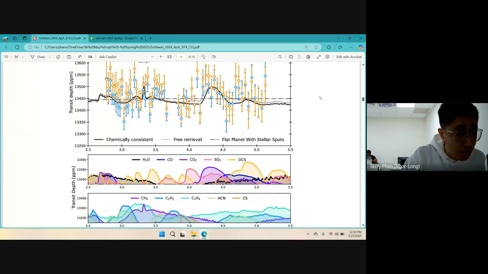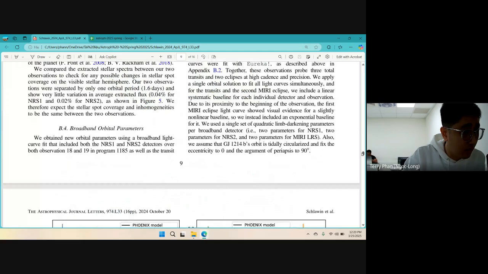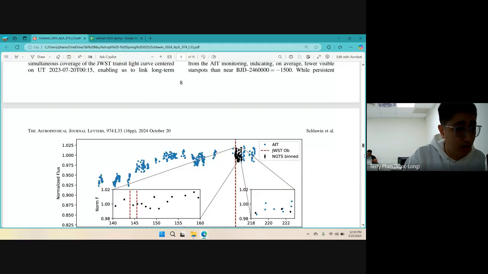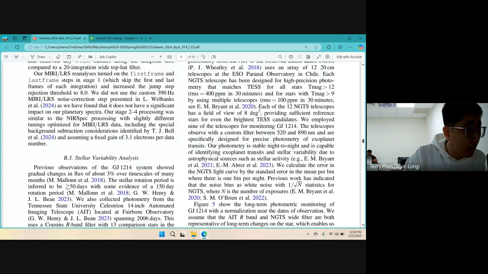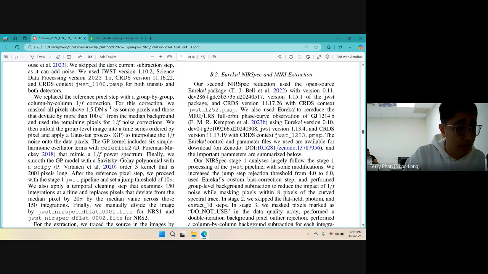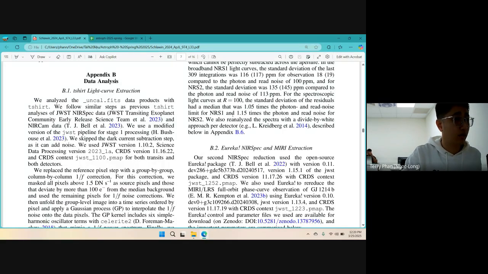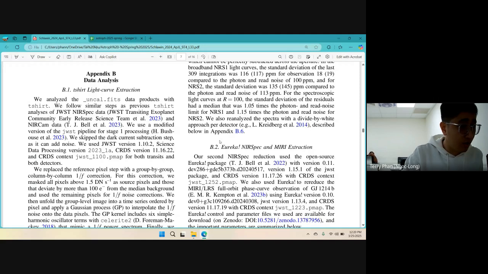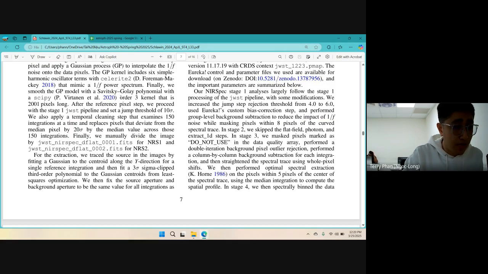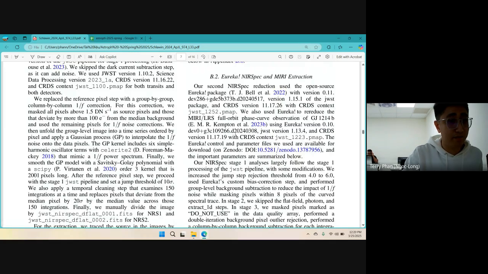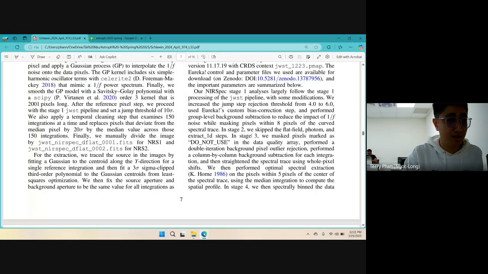But actually they provide the light curve fitting and data extraction in the appendix for these two data sets, like P1 for the tshirt light curve extraction. So I think they write it in detail in this appendix. But actually, I'm not an expert, and due to the time limit, I skipped this detail.